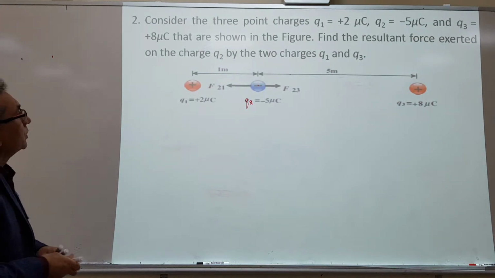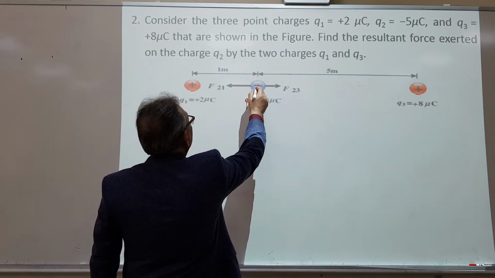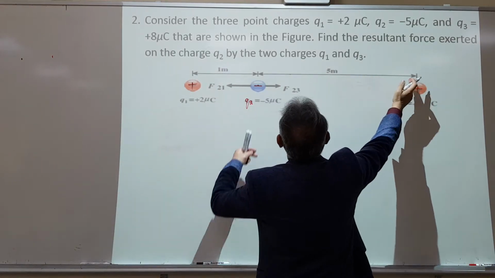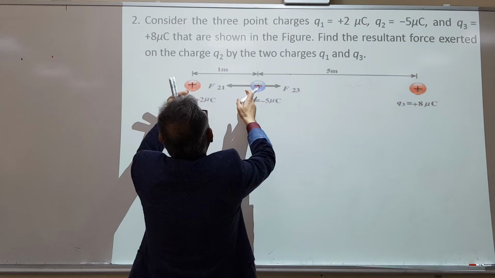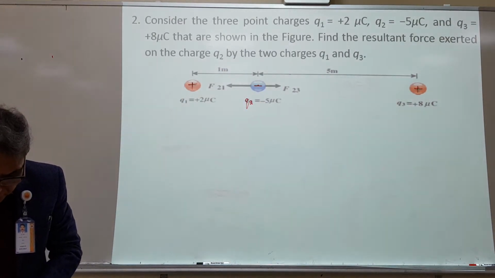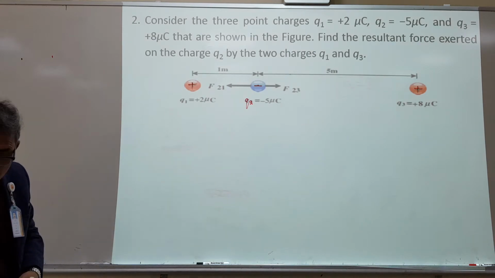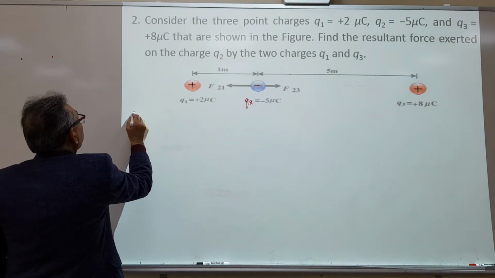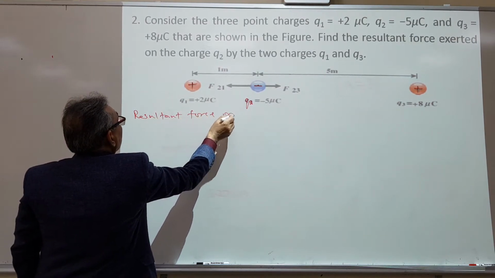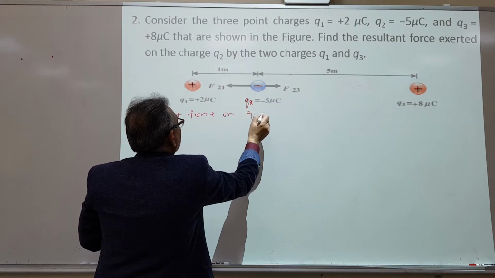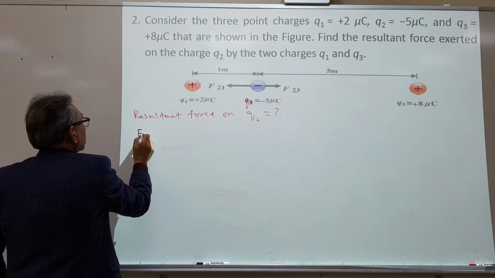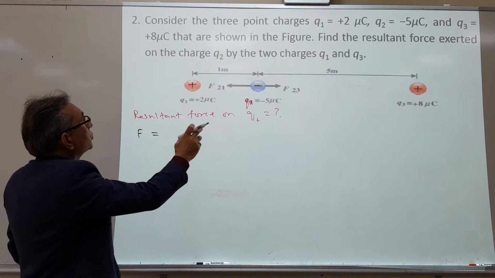You see, this is negative charge, this is positive, this is positive. Distances are given to you. This is 5 meters between these two, and this is 1 meter between these two charges. So we have to find out the resultant force on Q2. That resultant force is equal to the sum of these two forces.